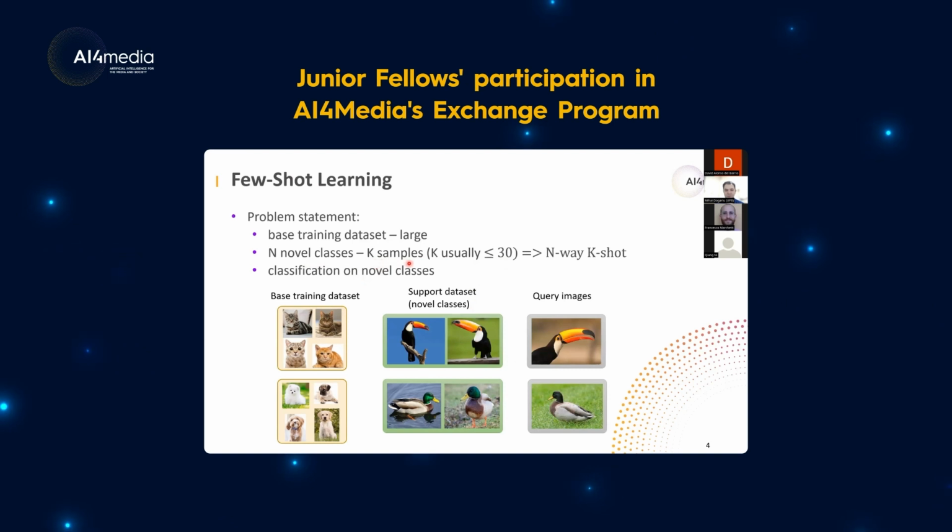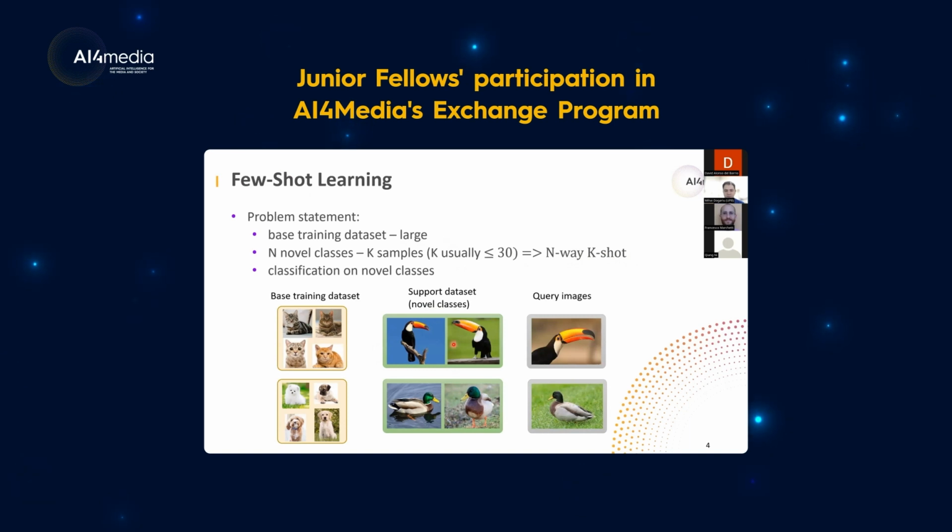The k samples that you want to now adjust your system on are very few. That's why we have the few-shot learning scenario. This is called the n-way k-shot learning procedure. In our example here, these are the n novel classes, each such class with a very low number of images.